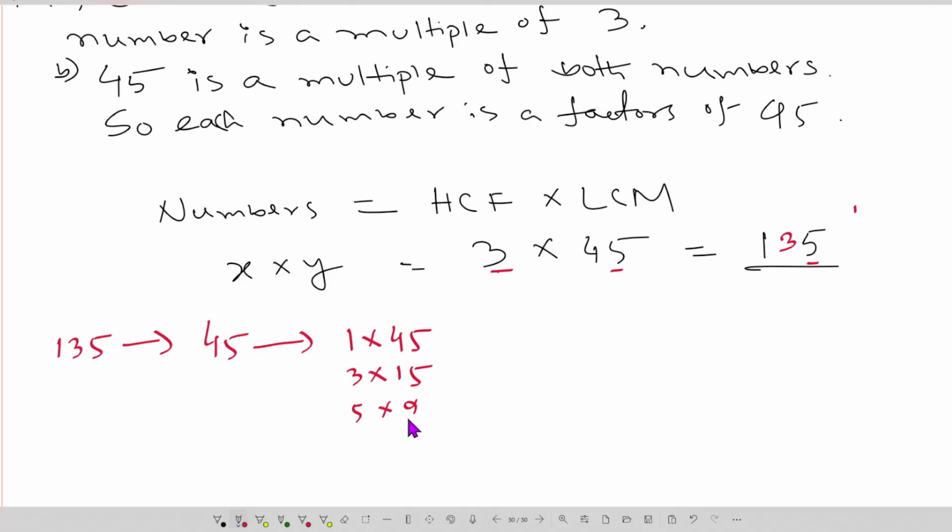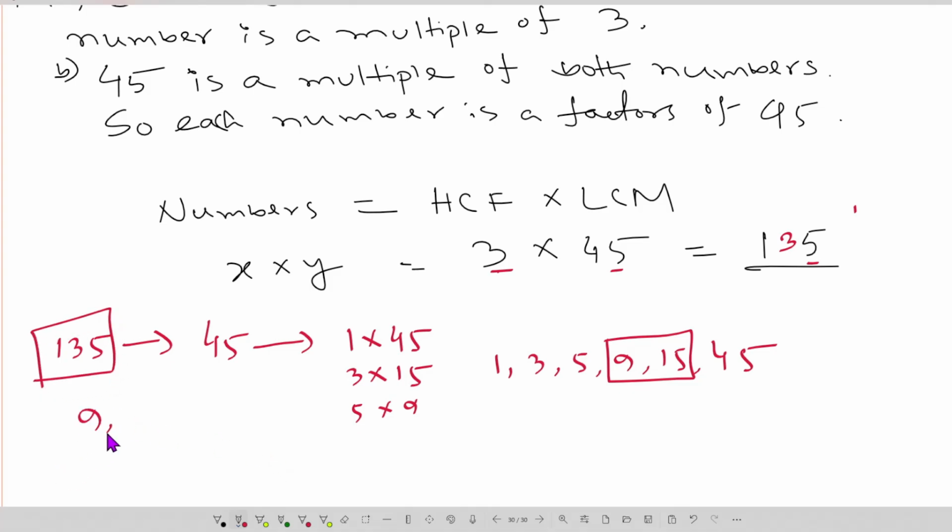This is enough. So the factors are 1, 3, 5, 9, 15, 45. Now look, 9 times 15 is 135.